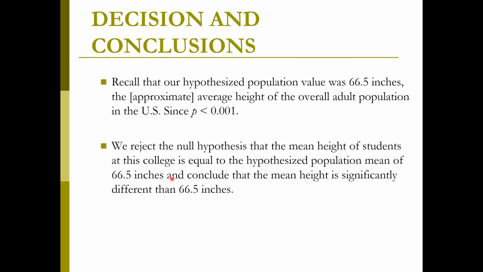Based on that, ladies and gentlemen, we conclude that the mean height is significantly different from 66.5 inches, meaning it is not true that the mean height is 66.5 inches for those 20 years and above.